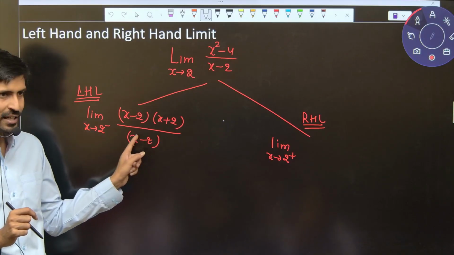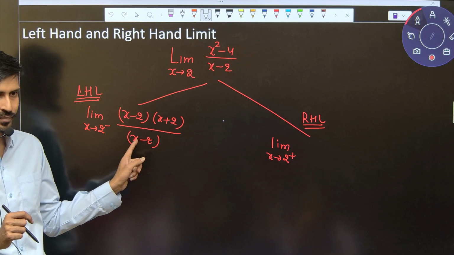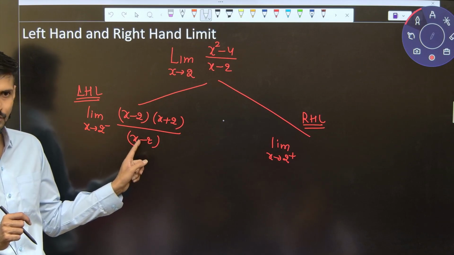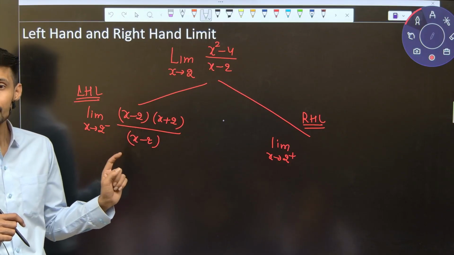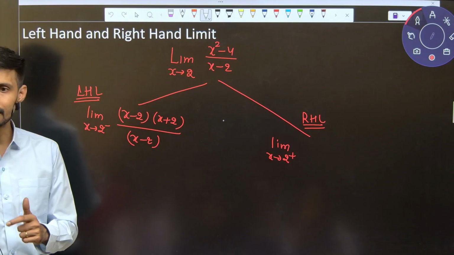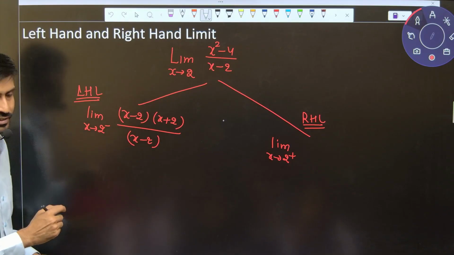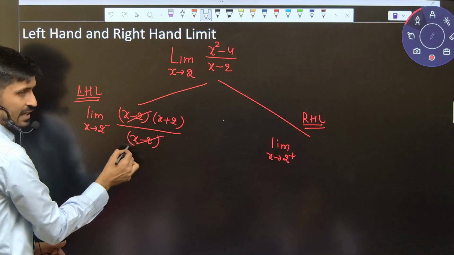And the same 0 minus will be here. Tell me, both 0 minus are the same or not? Because both 0 minus are generated from the same function, both will get cancelled.